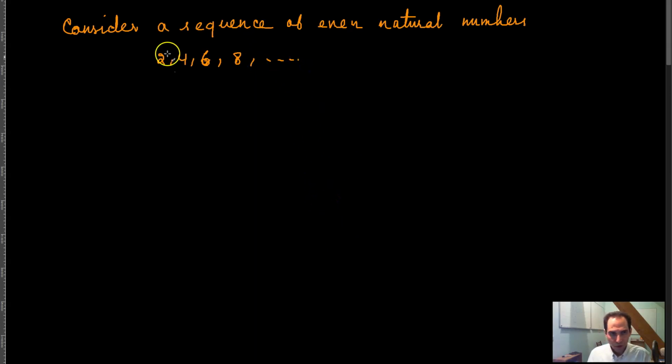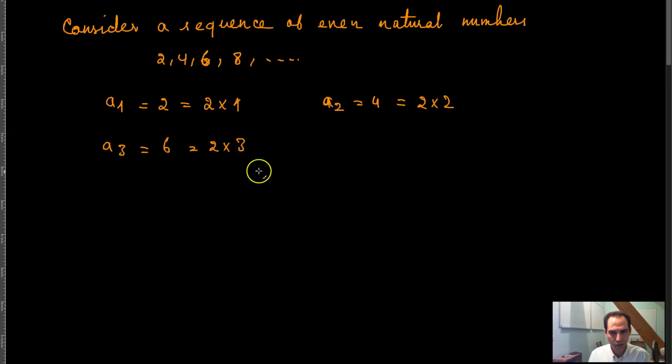So here your A of 1 is 2, which is equal to 2 times 1. A of 2 is equal to 4, which is the same thing as 2 times 2. A of 3 is the same thing as 6, which is equal to 2 times 3. And A of 4 is the same thing as 8, which is equal to 2 times 4.